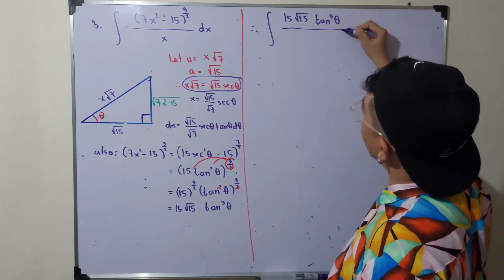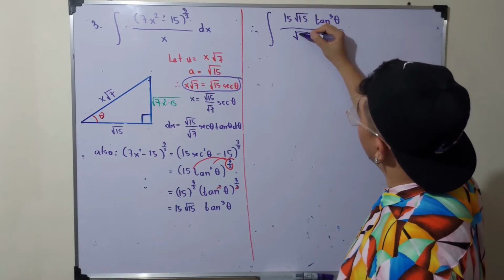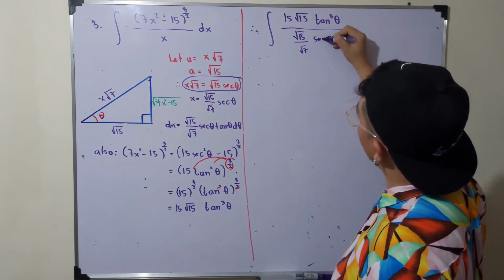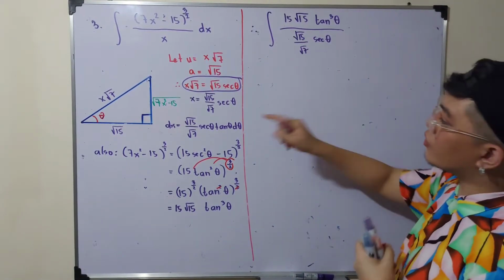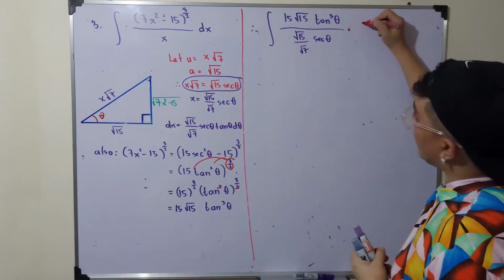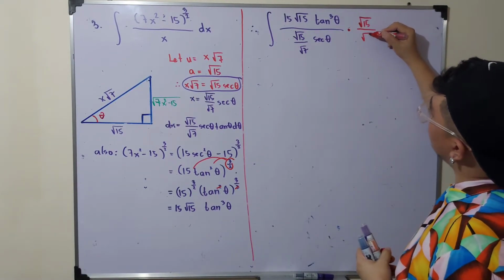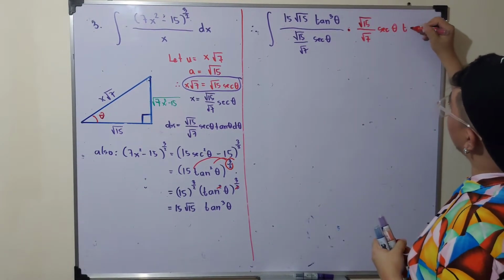Tapos, ihiwalay natin yung dx. Yung x ay ito. Square root of 15 over square root of 7 secant theta. Tapos, yung dx, ito yon. So, times square root of 15 over square root of 7 secant theta, tangent theta.